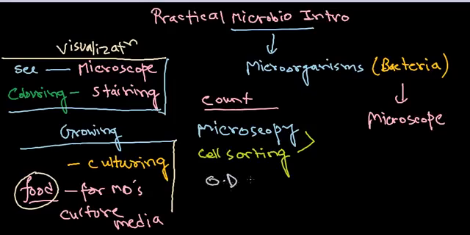So optical density check is the simplest way for knowing whether there is bacteria or other microorganism present in the culture media or not, right? So you can look for them by looking at the viscosity of the medium. So these are the things that are required throughout: visualization, growing and counting those microorganisms.